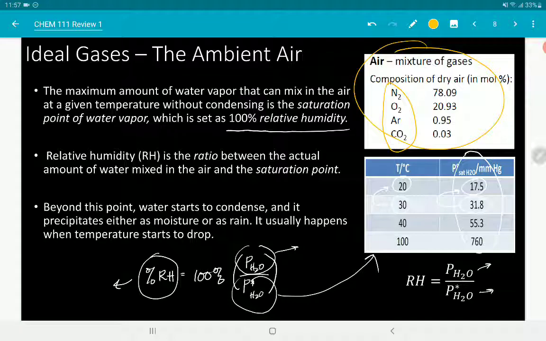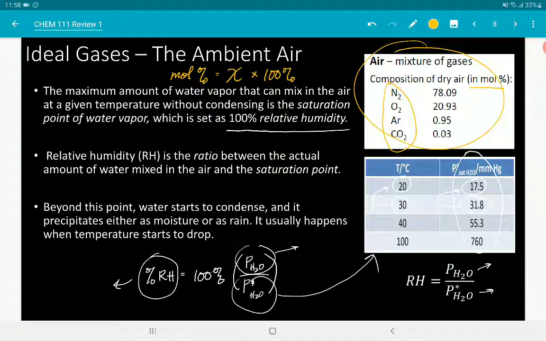Okay? So, that is presented usually in mole percent. So, ibig sabihin, kapag mole percent, that's just the mole fraction. So, mole percent is equal to mole fraction times 100%. Okay? So, that's the mole percent.